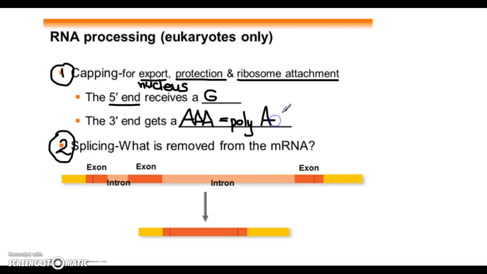Down here in this picture, imagine this is the 5' end with a guanine cap, and then the 3' end with a series of adenines, hundreds maybe. Okay, and so that's the capping step.